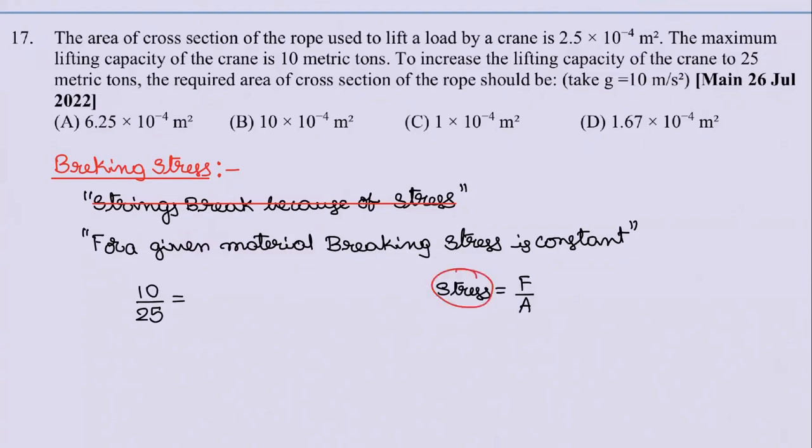F is directly proportional to A. That implies F1 by F2 is equal to A1 by A2. That's it. So A1 is 2.5 into 10 power minus 4 meter square by the area of this, A, which we have to calculate.